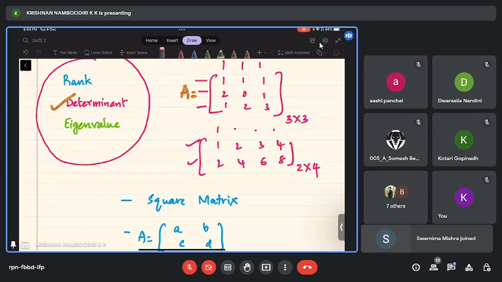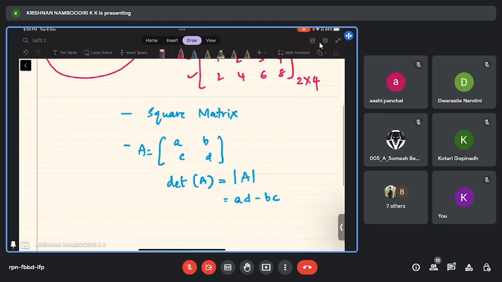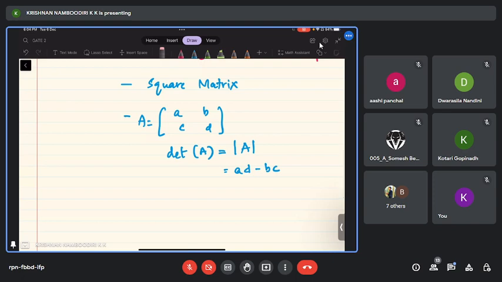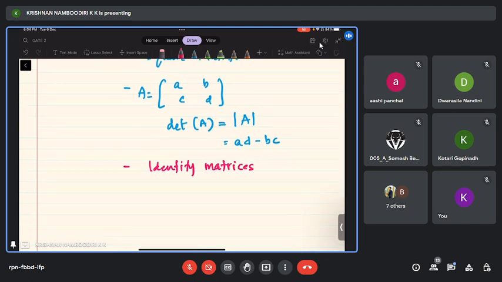Now again, for a square matrix, we can define something called eigenvalues and eigenvectors. Before that, some more very basic stuff. Identity matrix. What are identity matrices? I will denote identity matrices with I with suffix n, meaning the size of the matrix is n cross n.